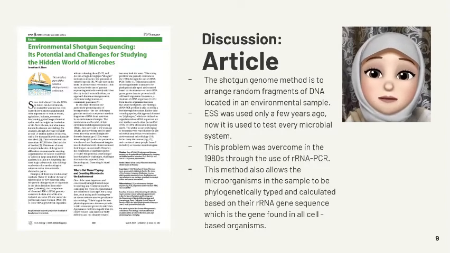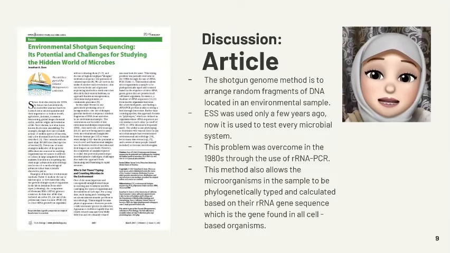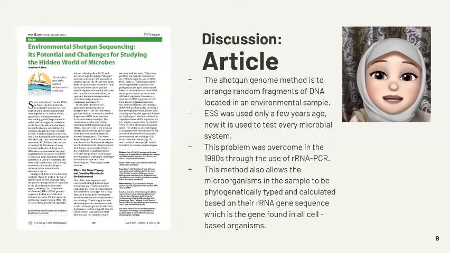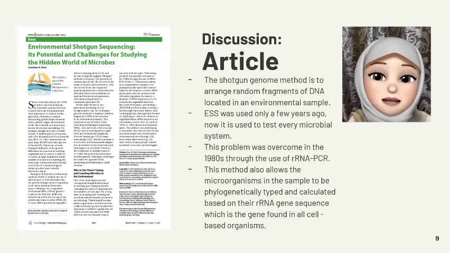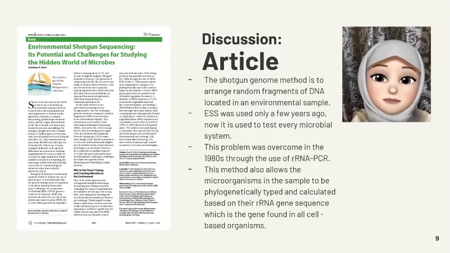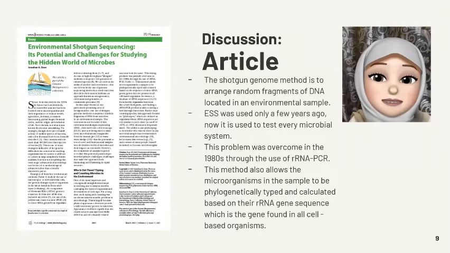I would like to discuss the article titled Environmental Shotgun Sequencing: its potential and challenges for studying the hidden microbial world. In this article, I focus on one very promising field of metagenomics, namely the use of the shotgun method for the random sequencing of DNA fragments from microbes in environmental samples.